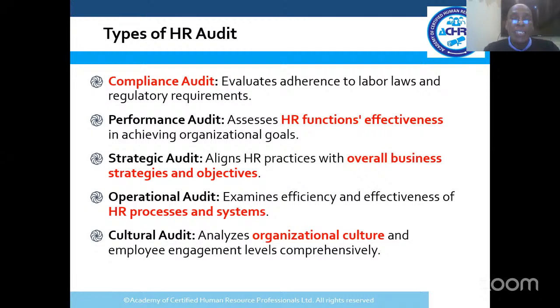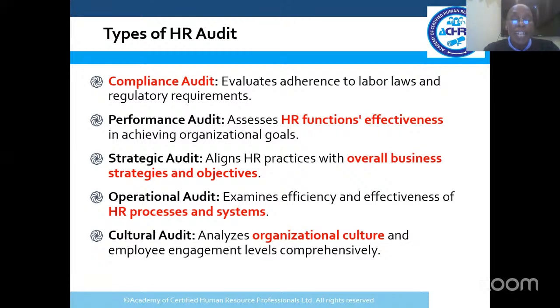For instance, an HR auditor could identify various aspects which could form part of the checklist in the audit. So in training and development, you could look at, one, the training policy. Is there a training policy? Two, is there a training needs analysis?